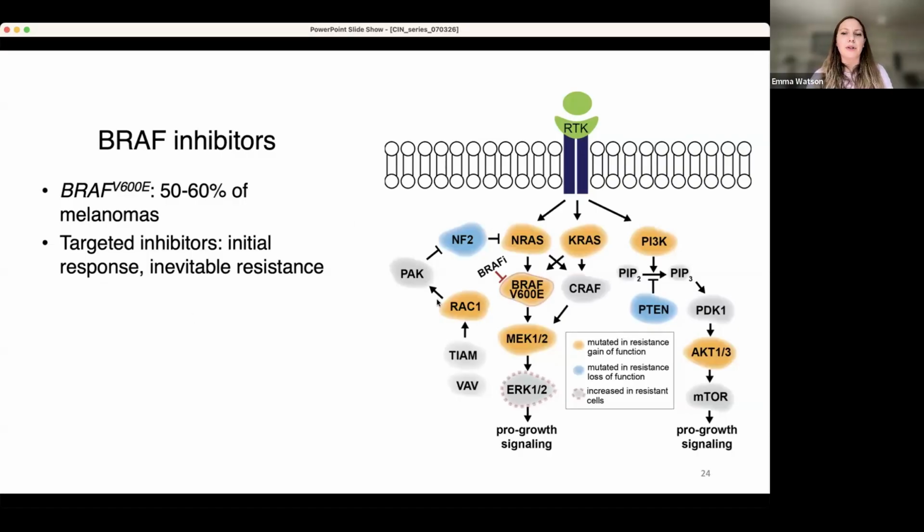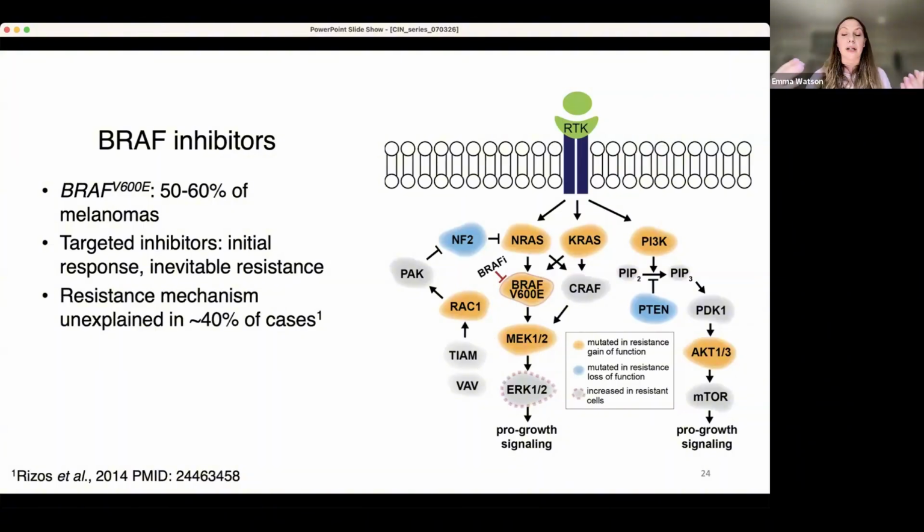So BRAF inhibitors are targeted inhibitors of the mutant BRAF. Currently in the clinic now, they're usually combined with a MEK inhibitor because MEK mutations, gain-of-function mutations, are often found in acquired resistance in patients. So this sort of cuts off one avenue of resistance. Invariably, many patients also relapse on the dual drug treatment.